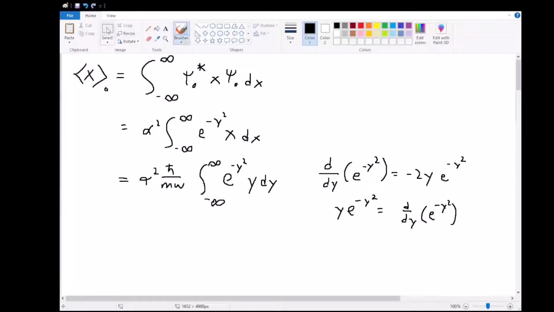Let me just make sure that's right. Negative 1/2. Yeah. So this term here is actually equal to negative 1/2 d by dy of e to the negative y squared.